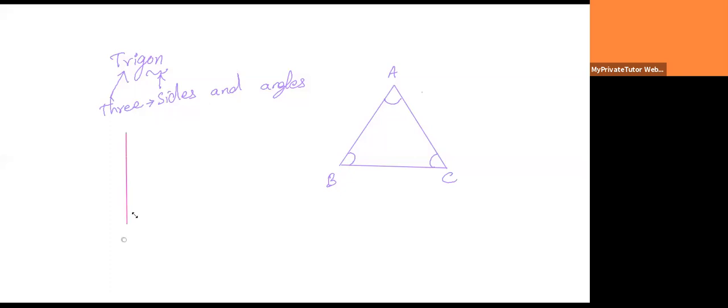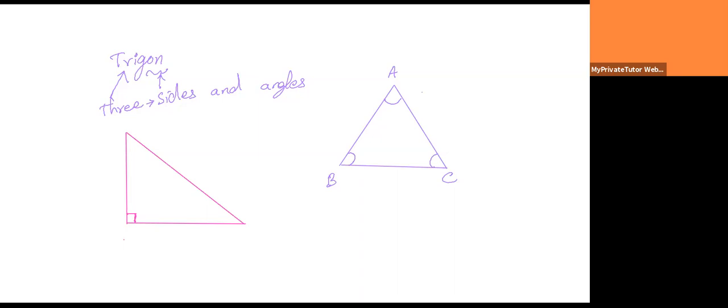So I hope you understand the basic definition. In trigonometry we are going to use the relationship between the sides and angles of a triangle, particularly the right angle triangle.